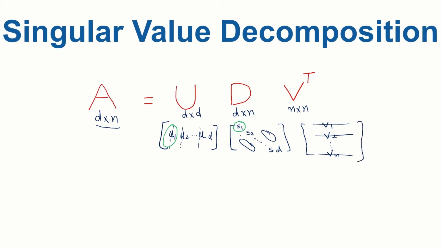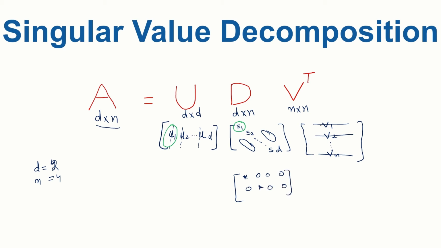By the way, if we want to write an example where d is equal to 2 and n is equal to 4, how can we write this matrix D? That matrix D will be some value, then 0, 0, 0, then 0, some value, then 0 and 0.